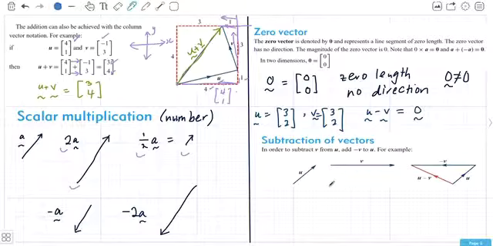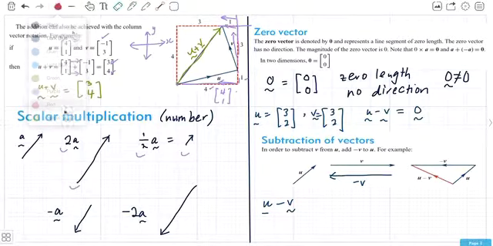Subtraction of vectors to finish off. If you had a vector u and a vector v, and you were trying to find u take away v, what you would do is construct from a u and then look at your v. This would be take away v, like that. Now if we think about how we need to add and subtract vectors, we always need to add and subtract using head to tail.